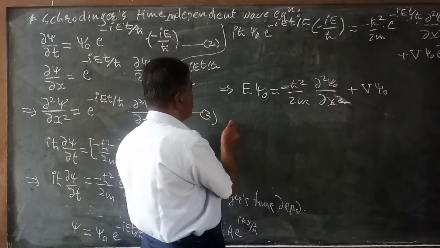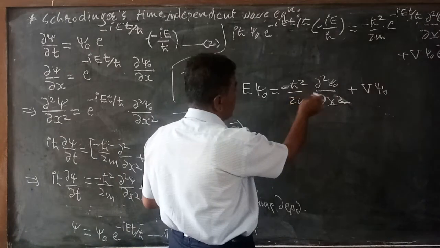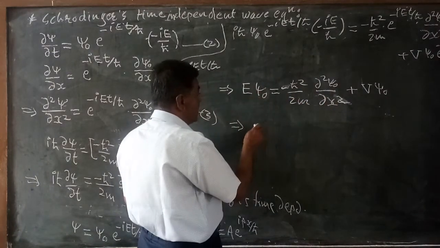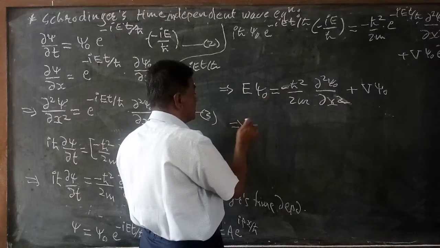Now this will be equal to, which implies here we will take all these terms to this side. So what we are getting is minus becomes plus h cross square.